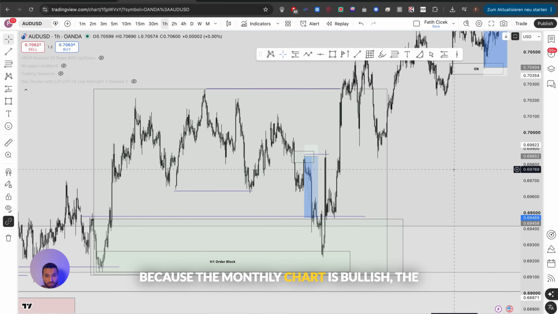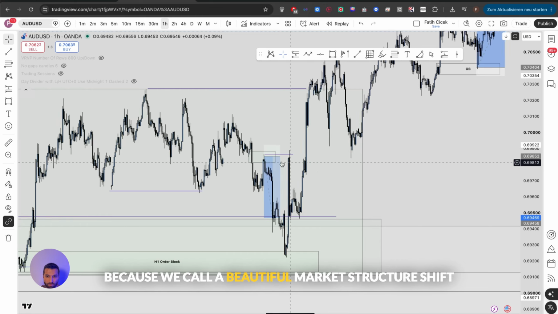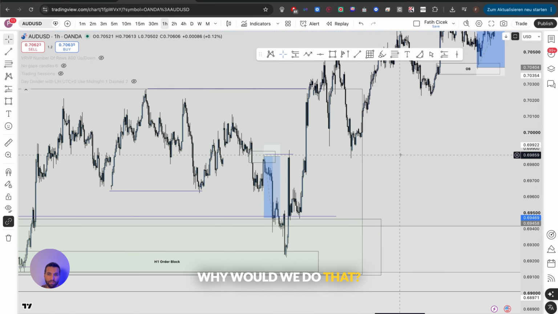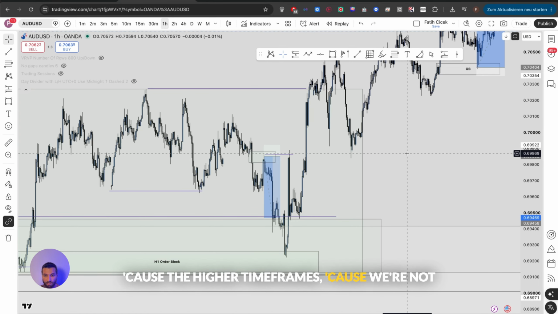Because the monthly chart is bullish, the weekly, the daily chart, they're all bullish. The 4 hour time frame is bullish. So why would we risk going into this trade just because we called a beautiful market structure shift, internal range liquidity and a fair value gap? Why would we do that? Because we're not in sync with our higher time frame analyses.